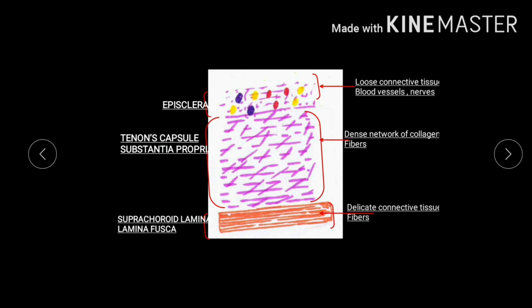Within the episclera layer, you will find loose connective tissue, and within it the arrangement of blood vessels as well as nerves. This layer is pierced by numerous blood vessels and nerves, the most important being the optic nerve.